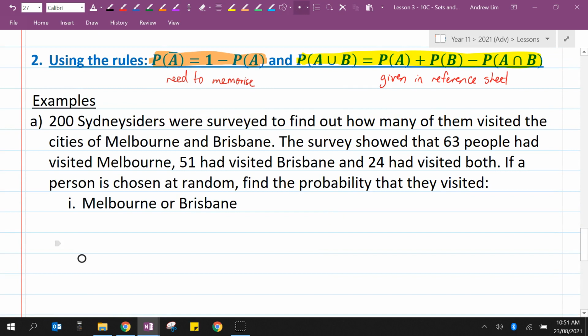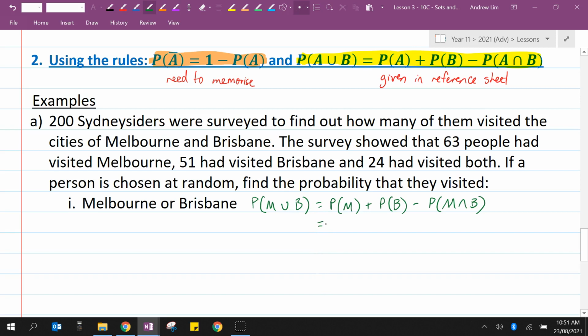So according to this formula up here, the one in yellow, the probability that they visited Melbourne or Brisbane is equal to the probability that they visited Melbourne plus the probability that they visited Brisbane minus the probability that they visited both Melbourne and Brisbane.